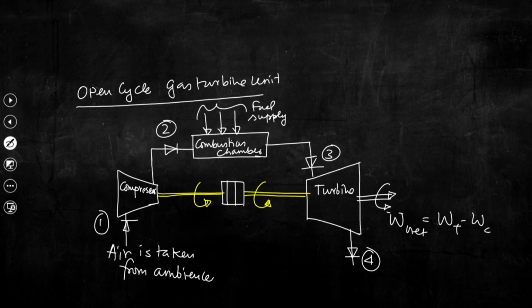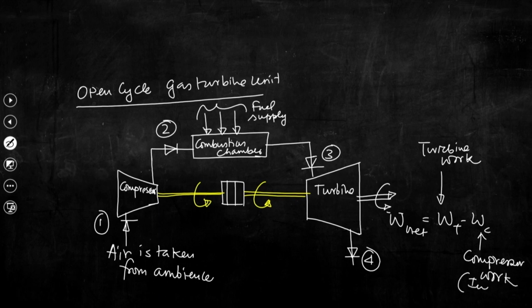So, the turbine work that would be available at the shaft of this turbine is W T minus W C. So, this is basically turbine work and W C is the compressor work. This compressor work is input and turbine work is output.